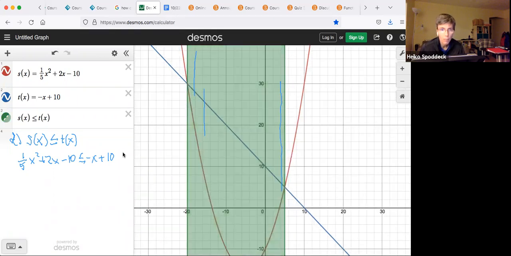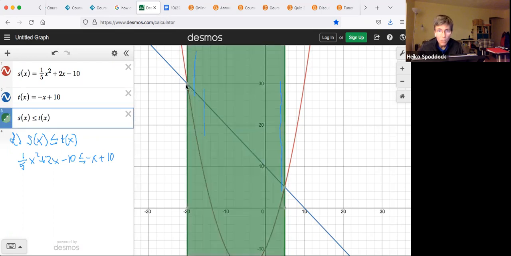So then again, our starting points are our X. So this time we have straight lines because the points of intersection are included. So our answer is going to be negative 20 to 5.